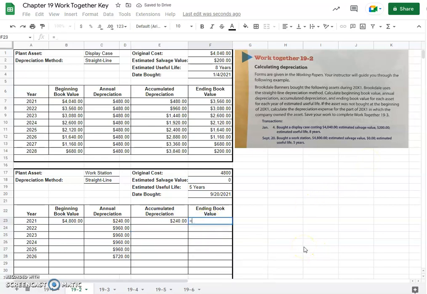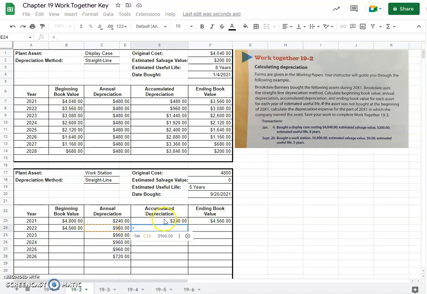So your ending book value: beginning book value minus the annual depreciation. Okay. Beginning book value for the next year is your previous year's ending book value, right? So you have your annual depreciation figured.